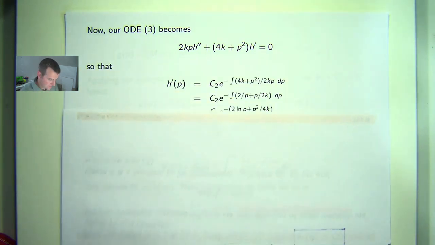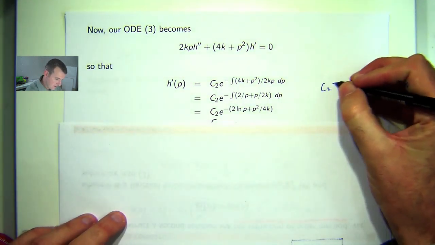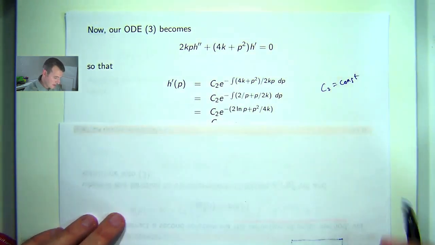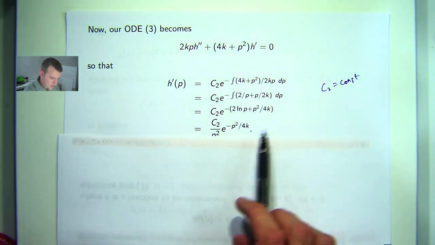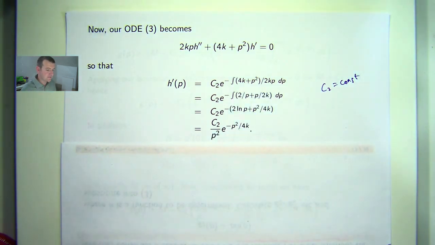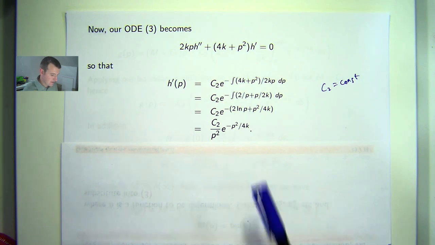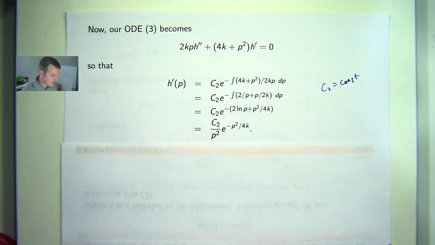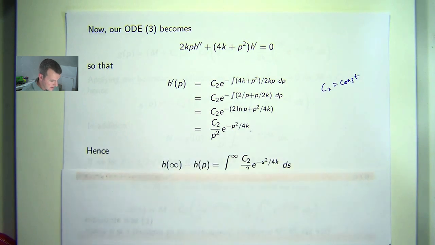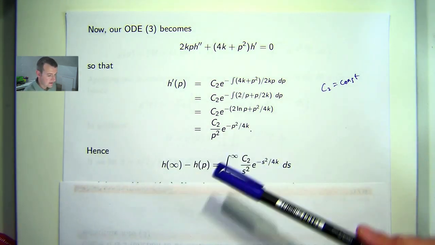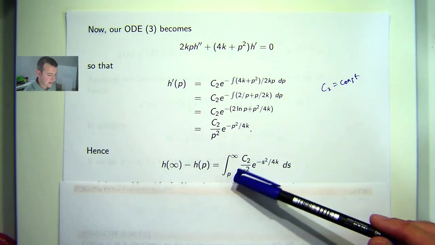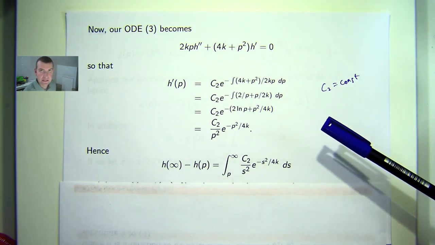C2 is a constant. And if you integrate this, use your log laws and recognize that p is positive here, then you get the following for h prime. So I got h prime. What I'm going to do is integrate it from p off to positive infinity.